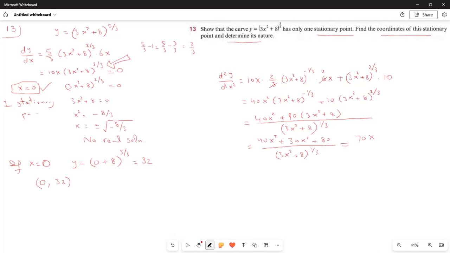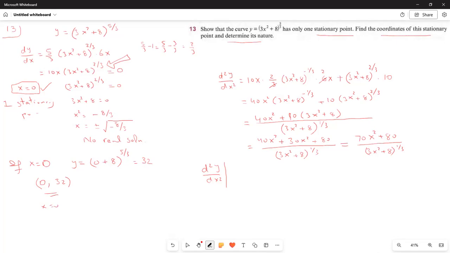This can be simplified further: 70x squared plus 80, divided by (3x squared plus 8) to the power 1 by 3. Okay, now I have to evaluate the second derivative d squared y by dx squared at this point when x is 0.